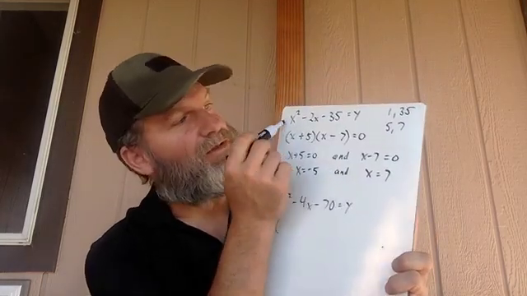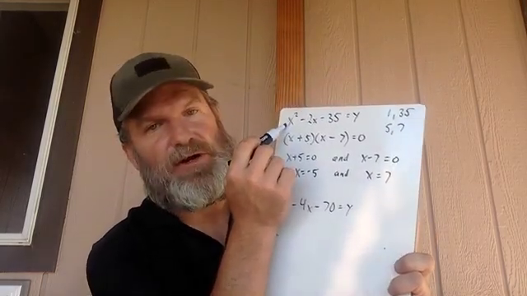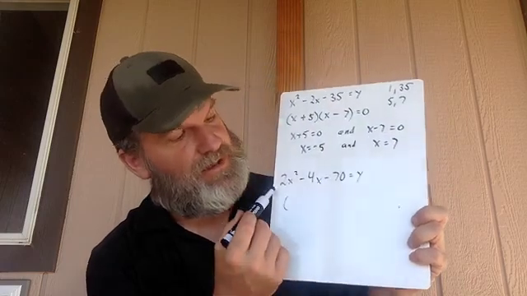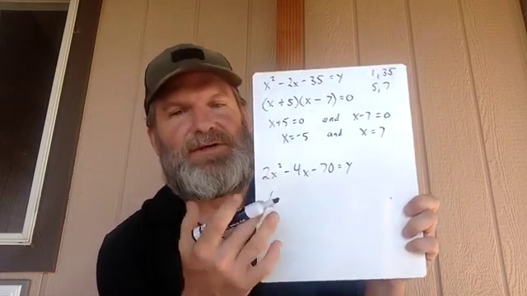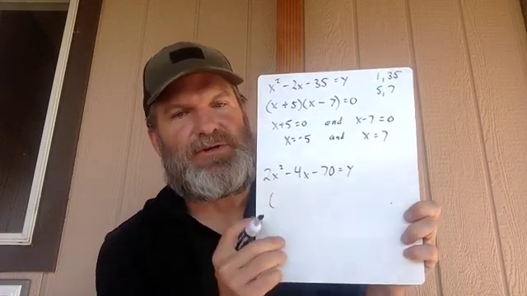Right? Notice how this is just x squared. It's 1x squared. A is 1. In this one, a is 2, and that's no good, or it's a lot more difficult. So it's easier to divide the whole equation by 2, split all these numbers in half, factor out a 2. So if you factor out a 2, it becomes x squared minus 2x minus 35 equals y.